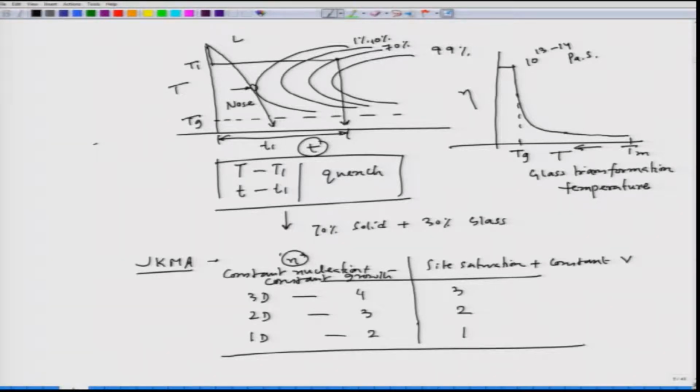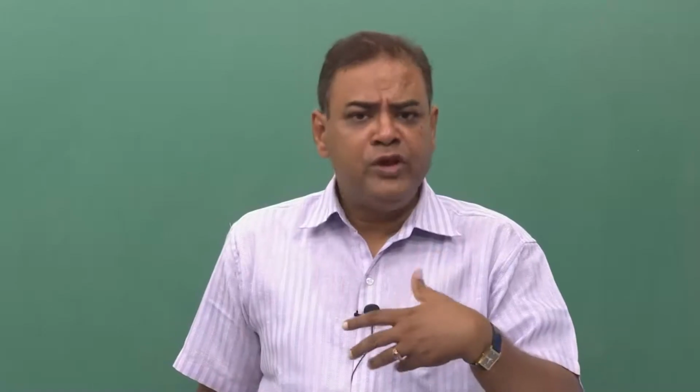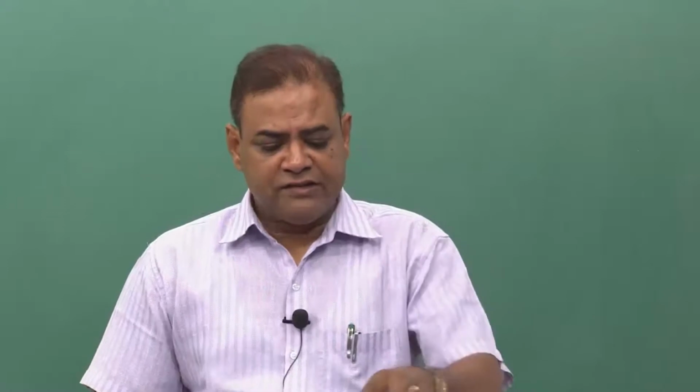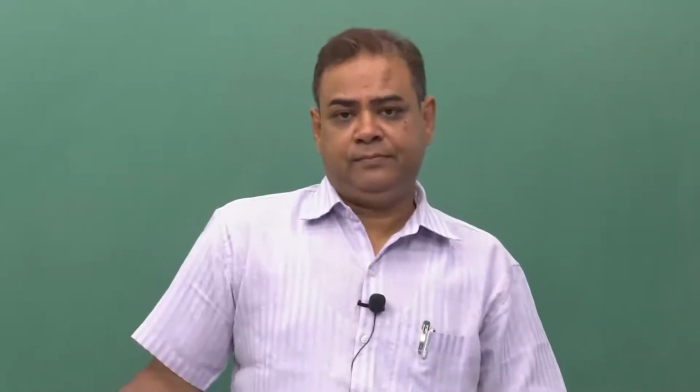But one transformation can happen like this, and then we have to decide what will be the amount of transformation. Since these C curves have been drawn on the basis of isothermal transformation, they will no more be valid for this continuous cooling.